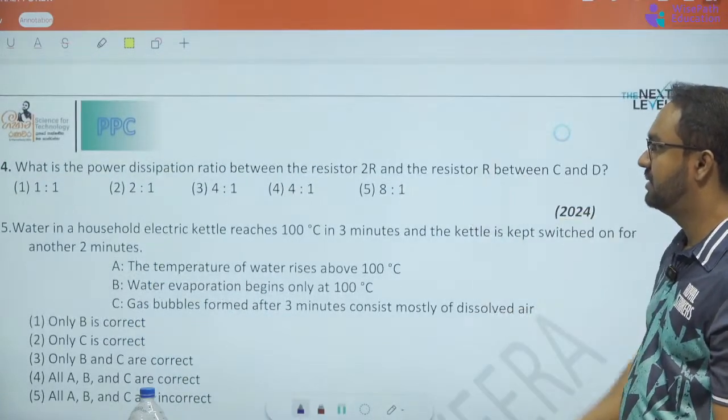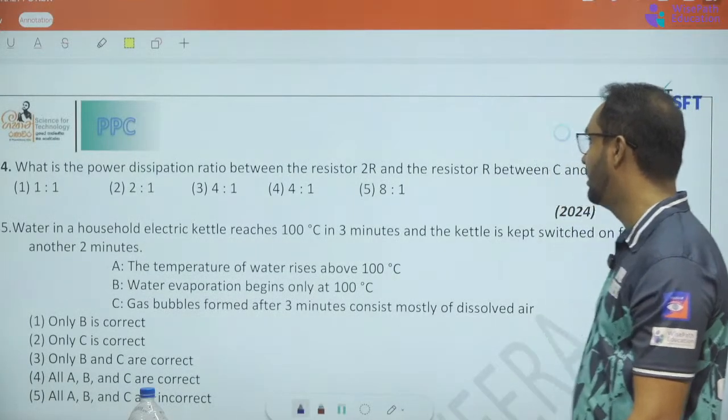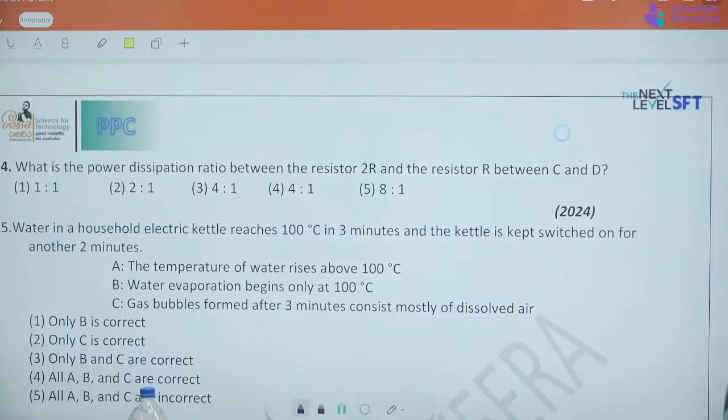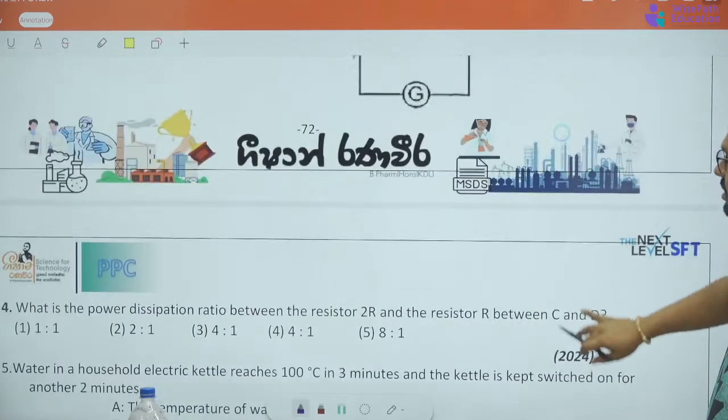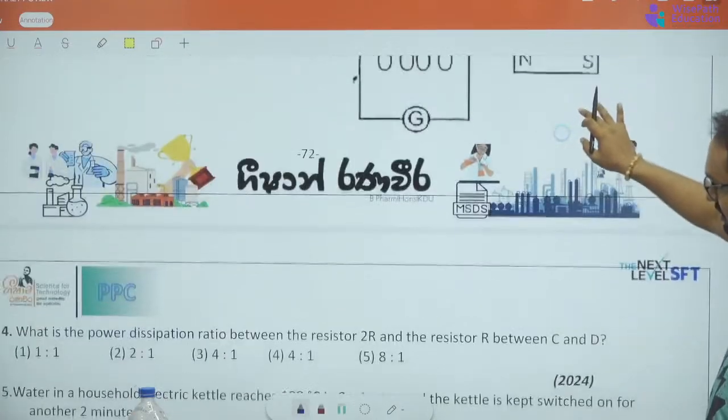What is the power dissipation ratio between the resistor 2R and the resistor R between C and D? What is the power dissipation ratio between the resistor 2R and R? So what's happening there?